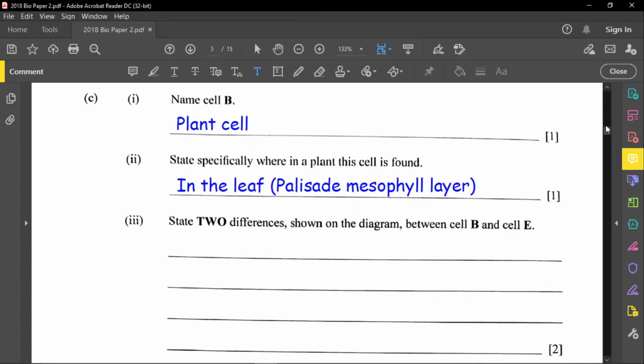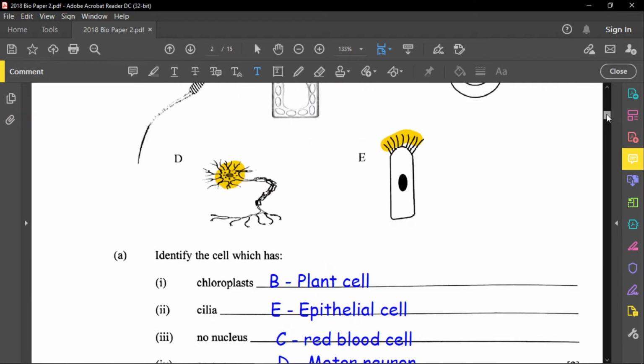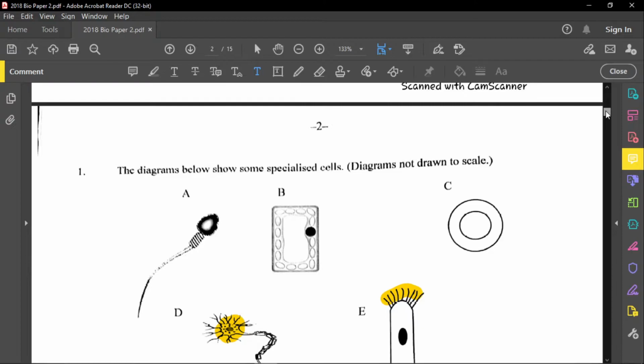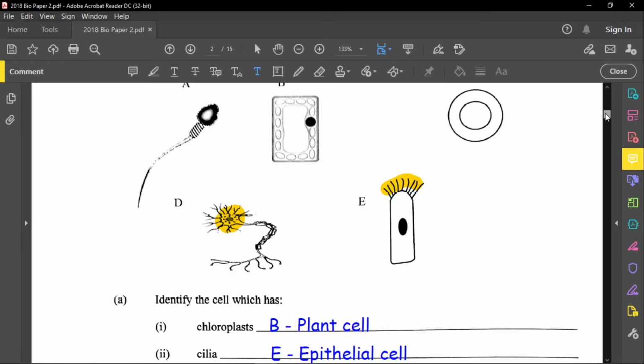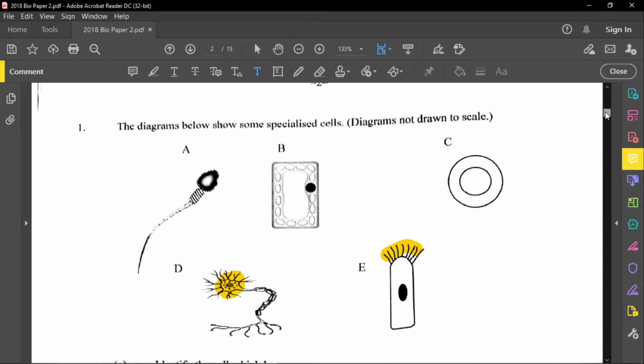And cell E is the epithelial cell, the animal cell. So look at them carefully, see what the differences are.